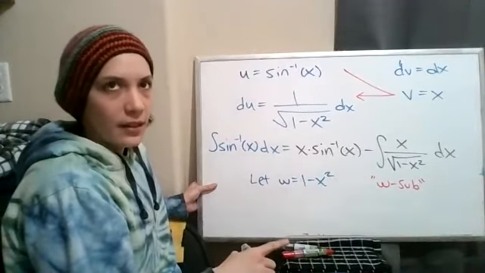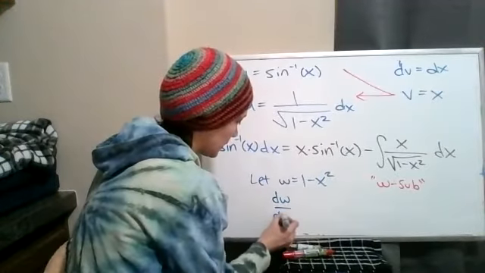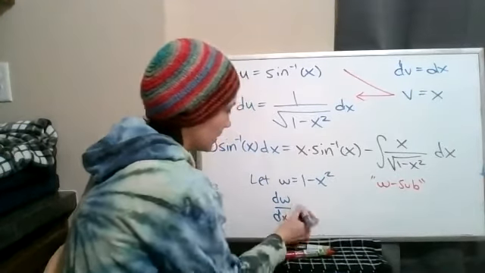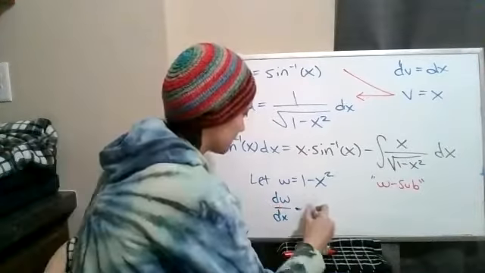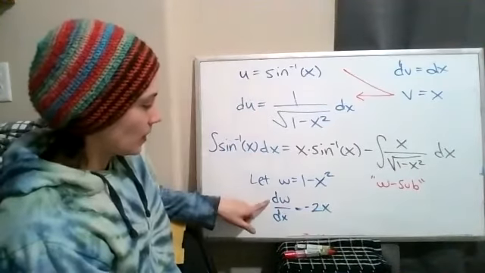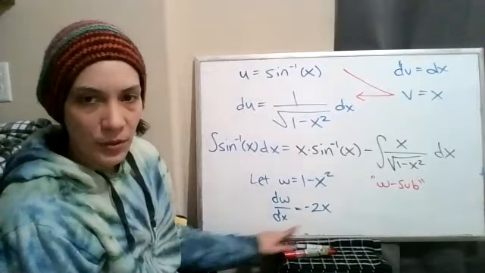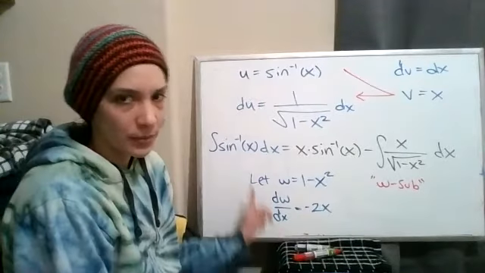The derivative with respect to x is negative 2x. So we'll have this multiplied on both sides, dx equal to negative 1 over 2x dw.